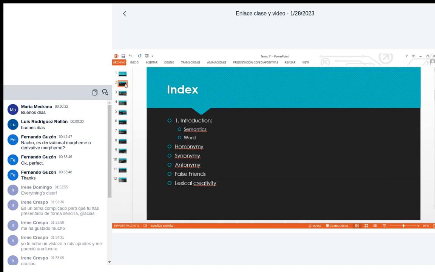And then finally, we will look at lexical creativity. Lexical creativity refers more to the construction of new words.